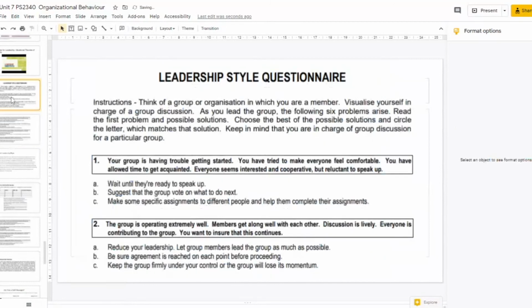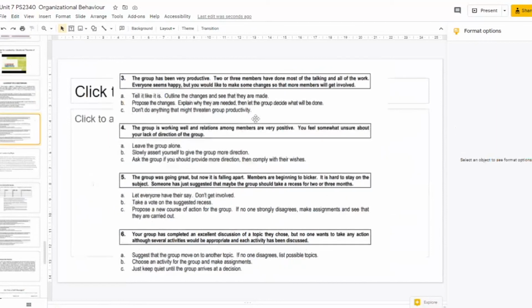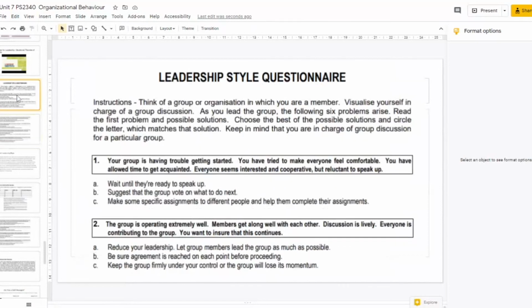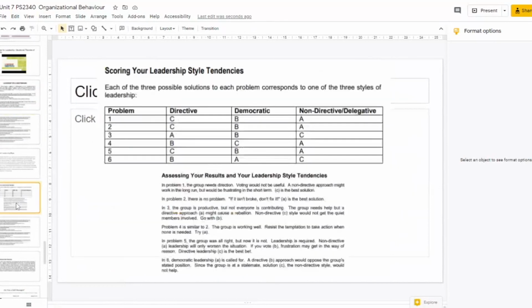Okay, there we go. So what we've got is 6 questions. And what you do is you ask the question, you answer the question with the best potential answer that you see from your perspective. Each of these possible situations corresponds to one of 3 styles.